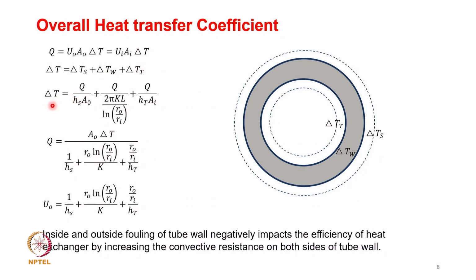Now we have the expressions for delta Ts, delta Tw, and delta Tt from the previous slide, and we just sum them up, which results in the total temperature gradient, delta T. Since that expression is available, we can plug it in to get U naught, A naught, and delta T. You have the terms A naught and delta T, and the remaining terms, which are a function of radius, eventually contribute to the overall heat transfer coefficient.